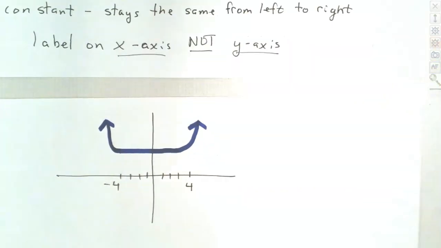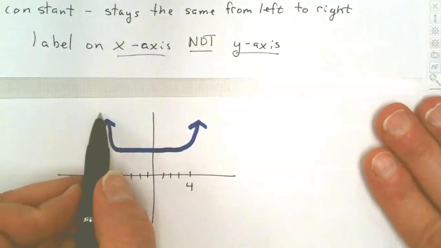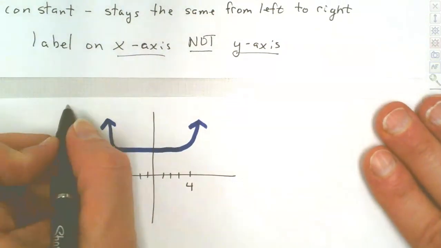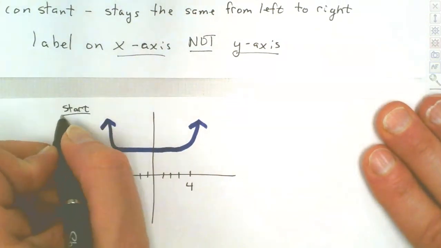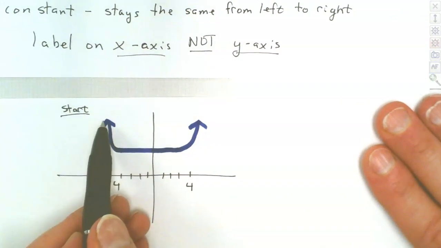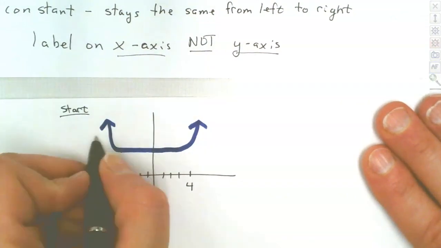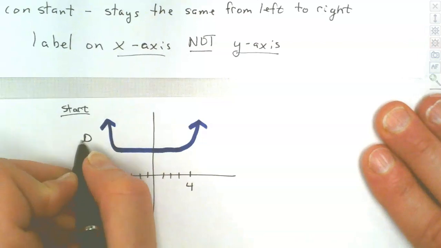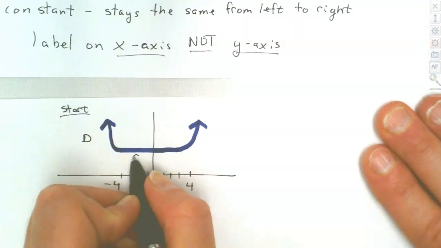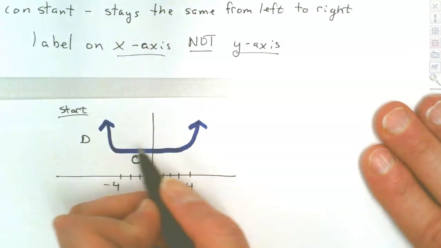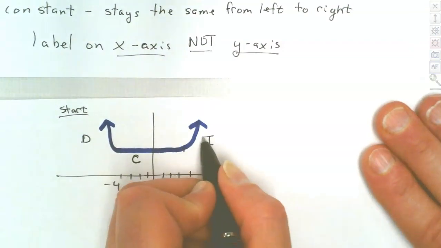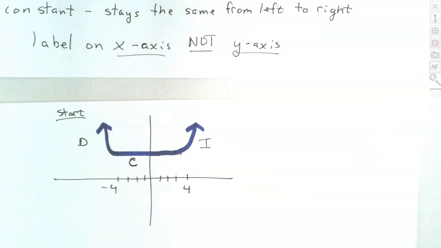Now, when we read it from left to right, and we look at our picture and see what's happening, we start up here on the left, and what's happening? As I follow this graph, this is going down, so that would be a decrease. Then we have a constant. We'll use a C for that constant. And then when it hits this point, what does it do? It increases, doesn't it?